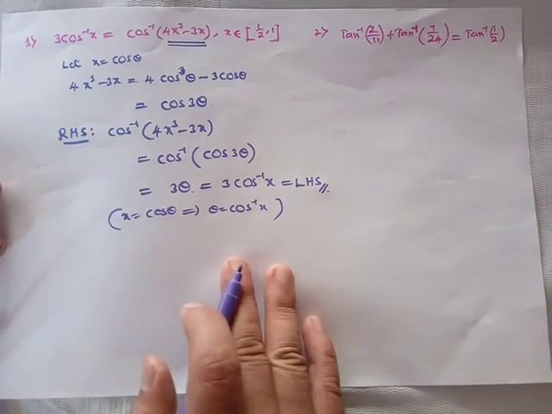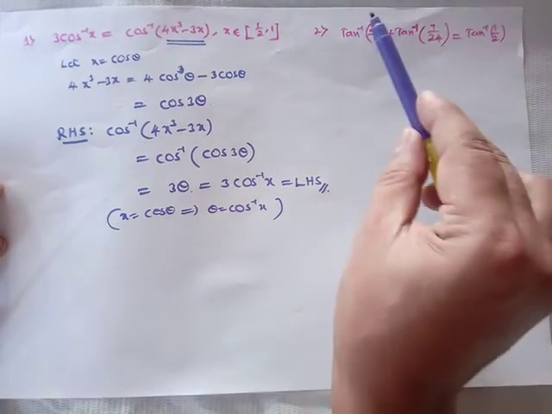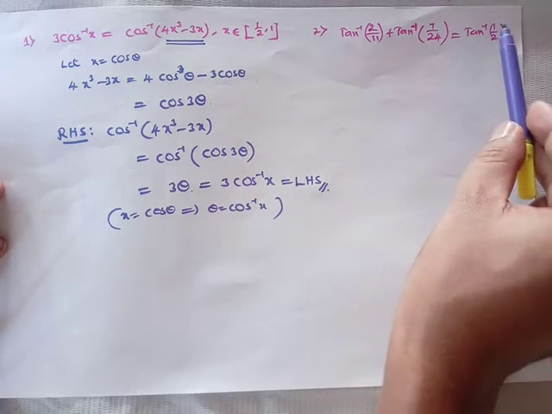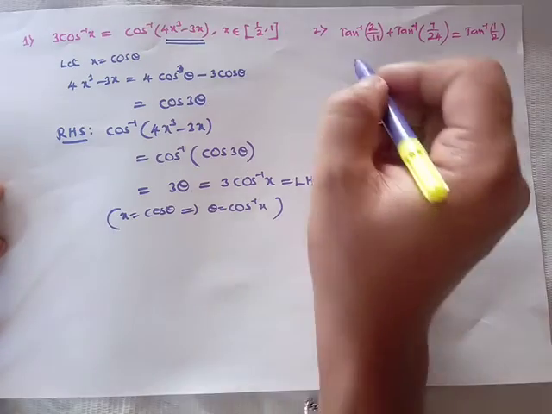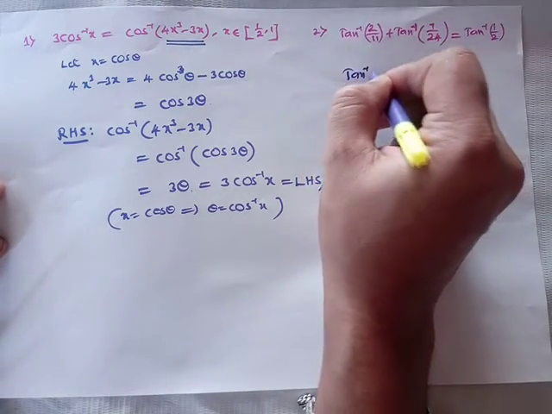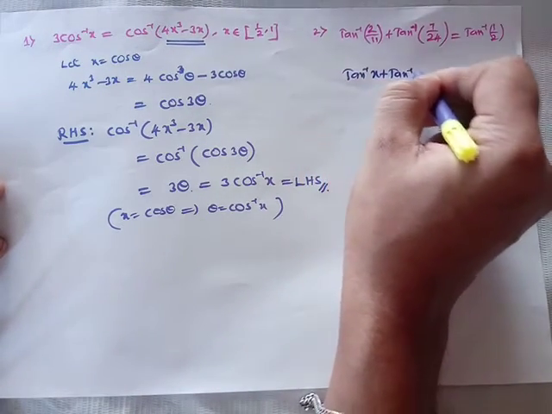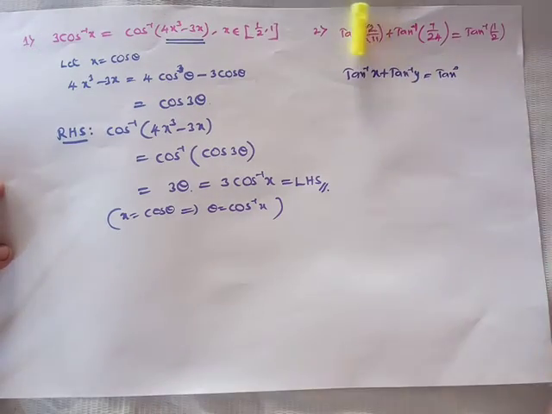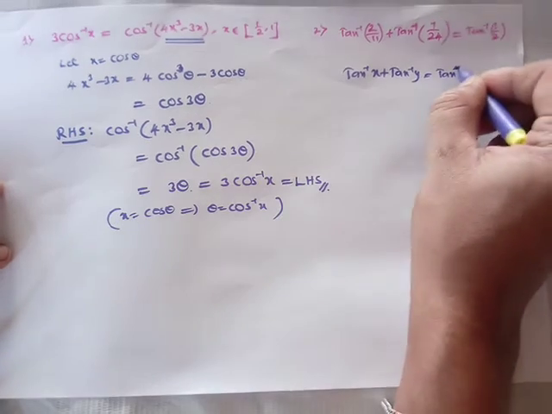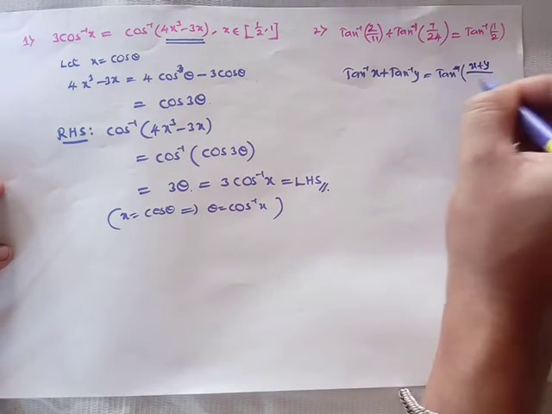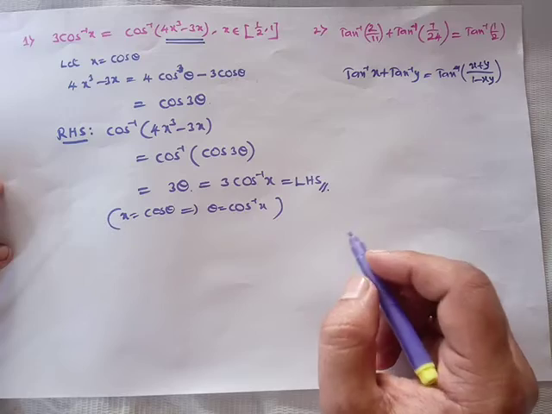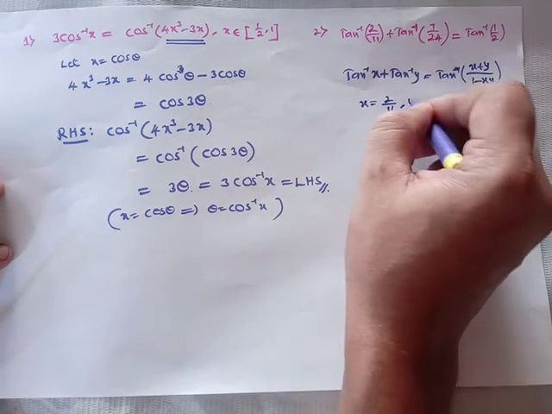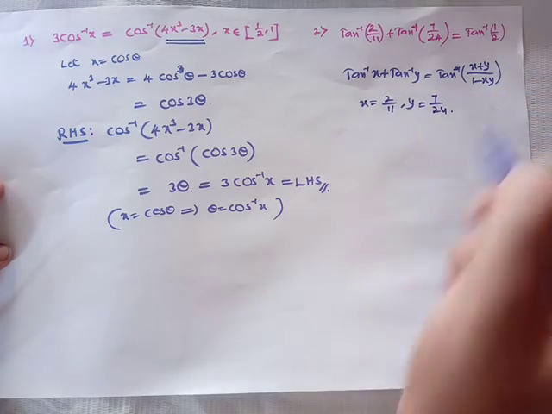Now coming to the second type: tan inverse of 2 by 11 plus tan inverse of 7 by 24 is equal to tan inverse of 1 by 2. As we already know, tan inverse of x plus tan inverse of y is equal to tan inverse of x plus y by 1 minus xy. Consider x is equal to 2 by 11 and y is equal to 7 by 24.